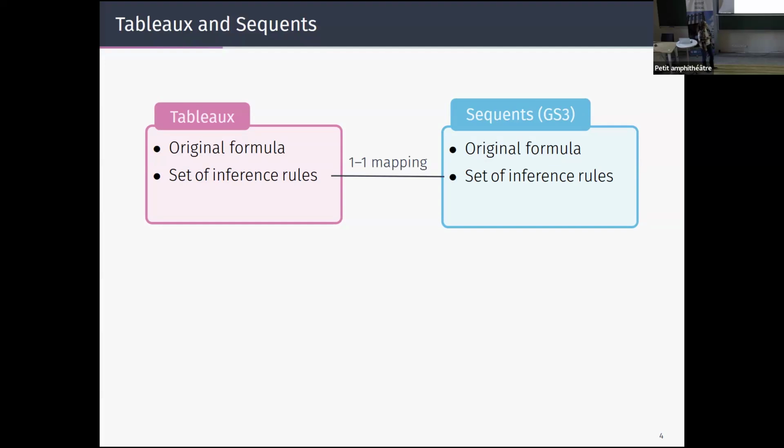For almost every Tableau rule, we have an equivalent sequent rule, which is great. The biggest difference between both systems is the purpose: Tableaux are mostly made to search for a proof, while sequents are mostly made to represent a proof.